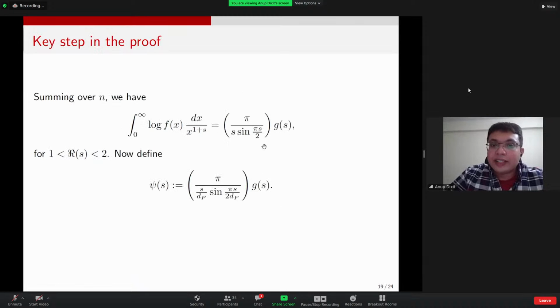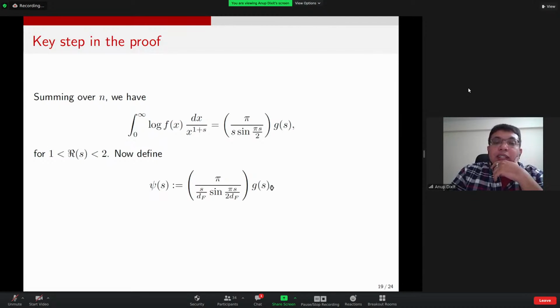So I will define the right hand side as this. The right hand side then would become something of this sort. Instead of s we'll have s over d_f, and here we will have s over d_f, and we have G(s). So notice that we had this condition that G(s) had trivial zeros on all negative even multiples of d_f. That is precisely to cancel all the poles arising from the zeros of this sine function.